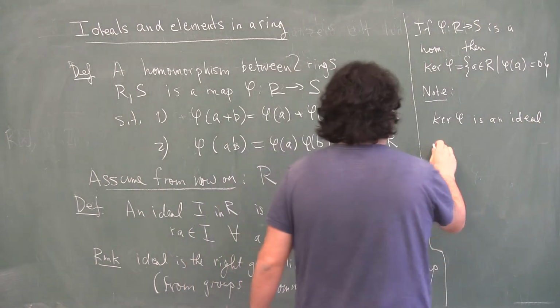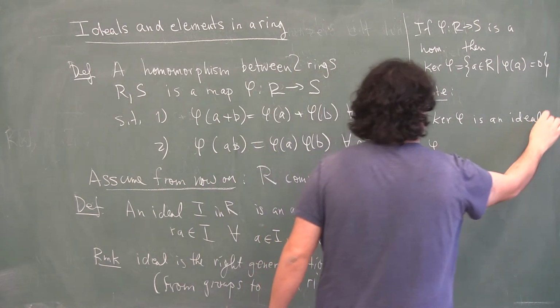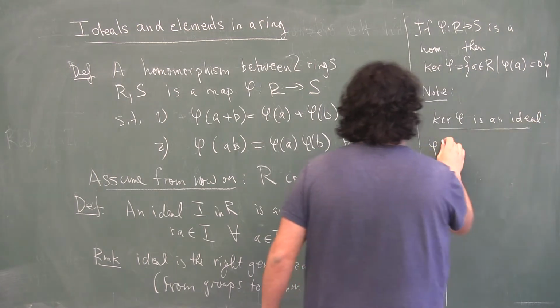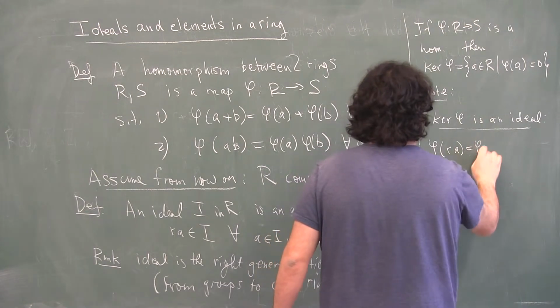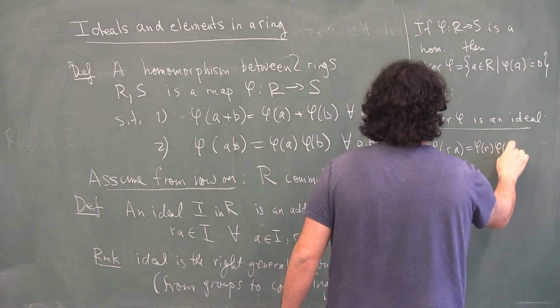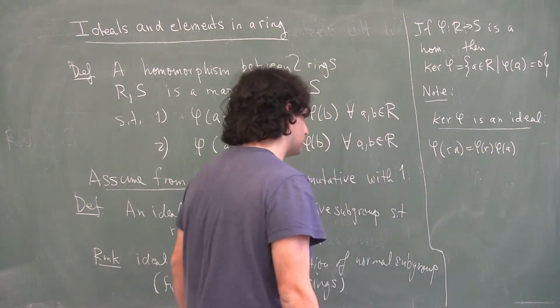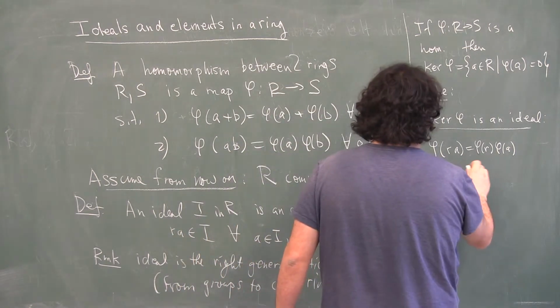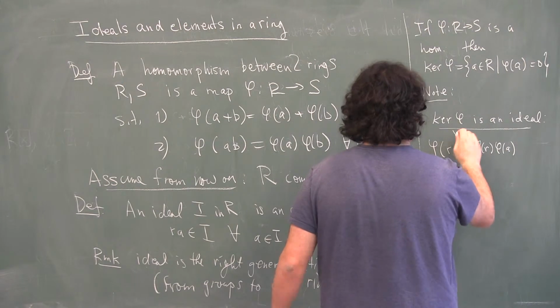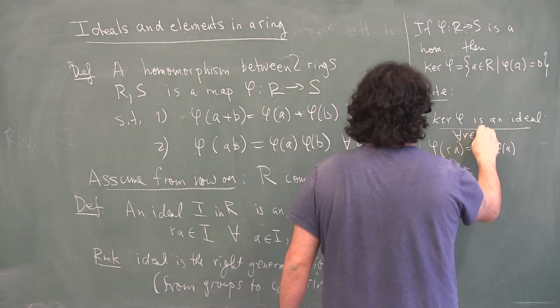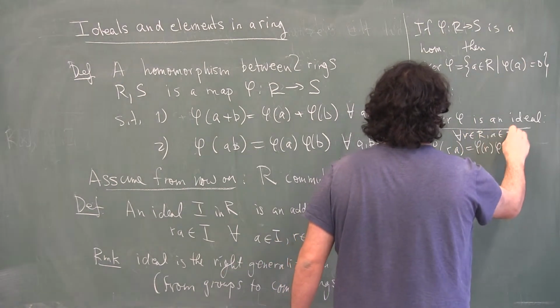Because if I look at phi of r times a, well, this is phi of r times phi of a. And now, over here, I have r in R and a in the ideal.